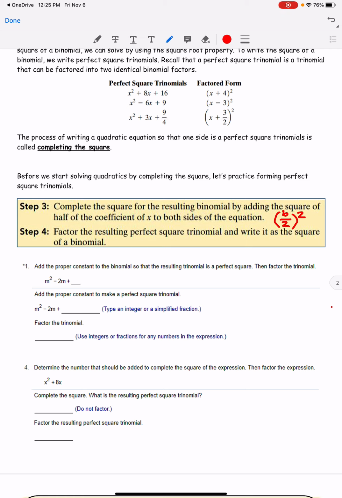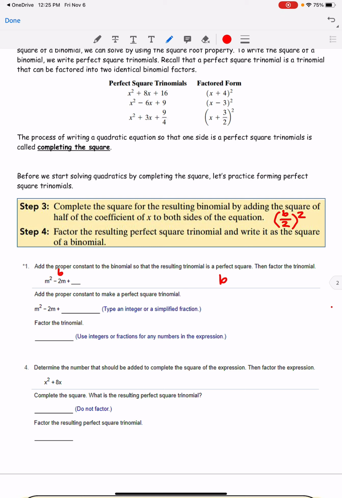So this is from your homework. This is number 1 and number 4, but 1 through 4 is going to be similar to these. So 1 says add the proper constant to the binomial so that the resulting trinomial is a perfect square, then factor the trinomial. So we have m squared minus 2m plus blank. So what do I need to add to this right here to make it a perfect square trinomial? Use your formula. This is my b.